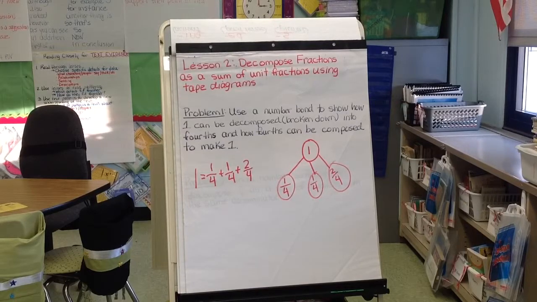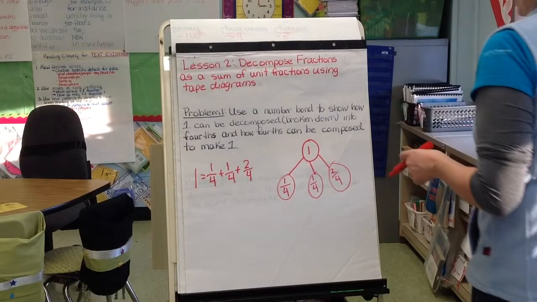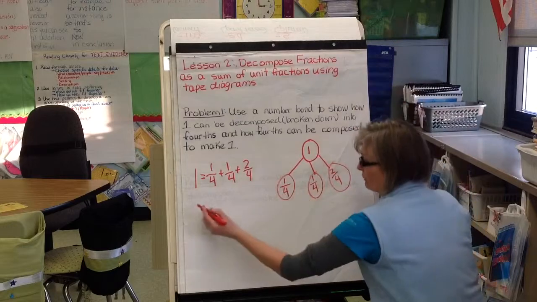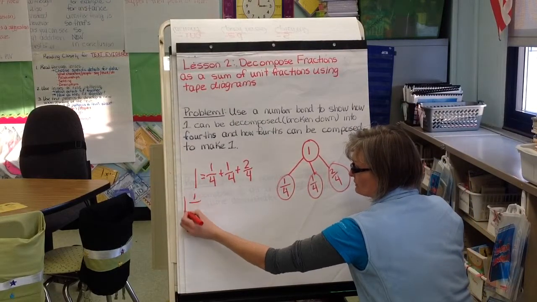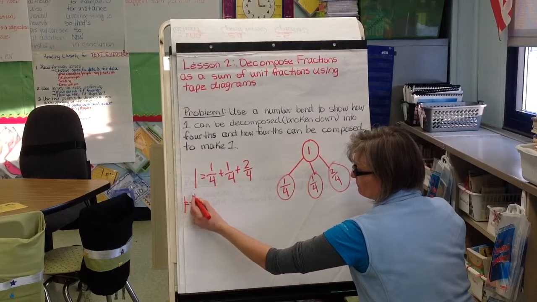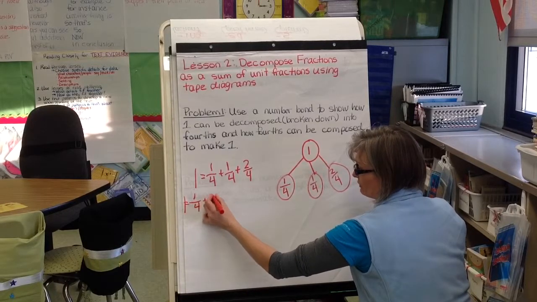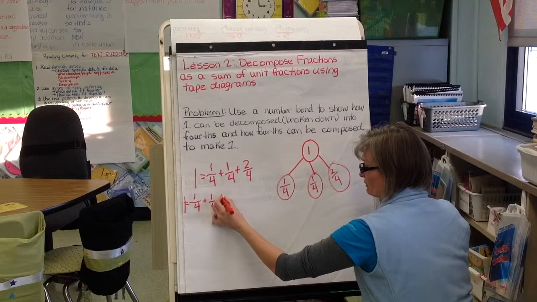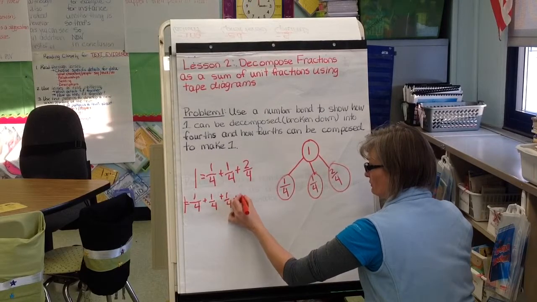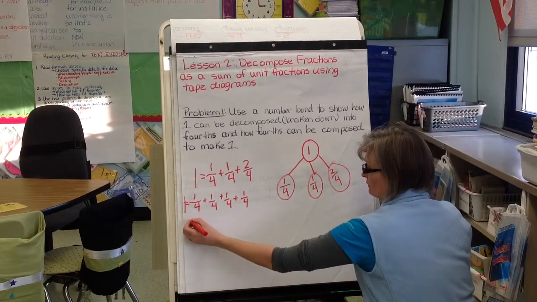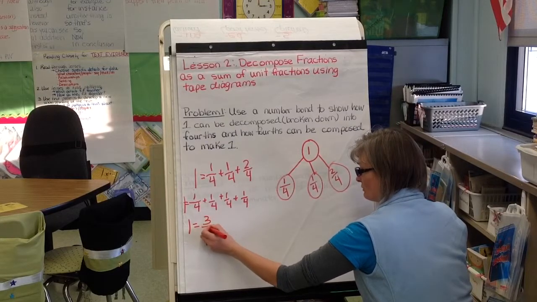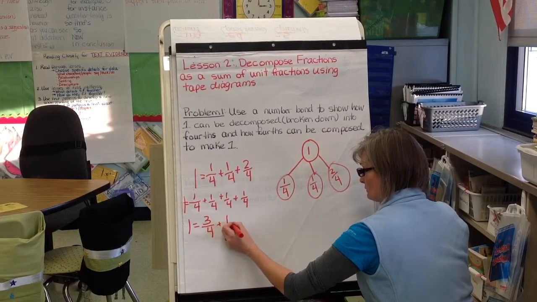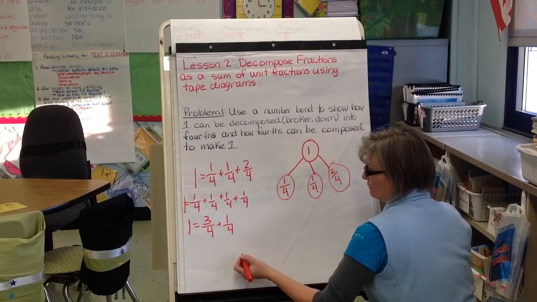Okay, there are some other ways to decompose 1 using fourths. We could say 1 equals 1/4 plus 1/4 plus 1/4 plus 1/4. Another way is 1 equals 3/4 plus 1/4.